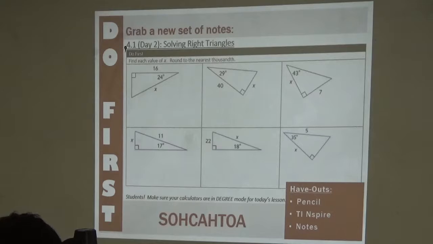Then multiply by x, and you have x times cosine of 24 equals 16. And divide by cosine of 24. So you can solve for x. Now you just have x equals 16 divided by cosine of 24.